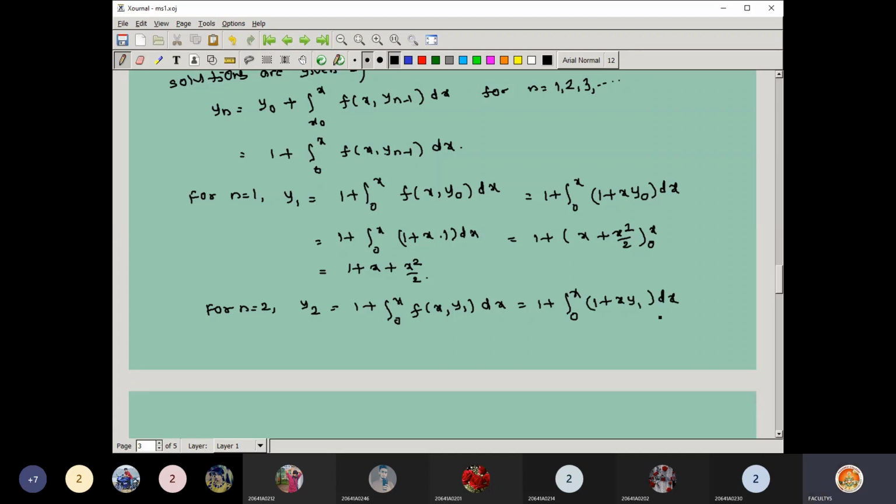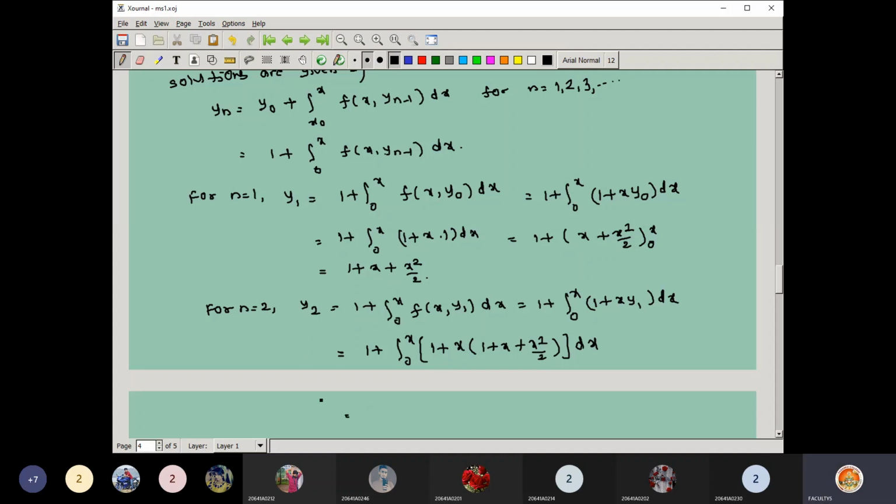It is of dx. So 1 plus integral 0 to x, 1 plus x into y1, which we have already calculated, 1 plus x square by 2. That value I am just substituting there, and it is of dx.